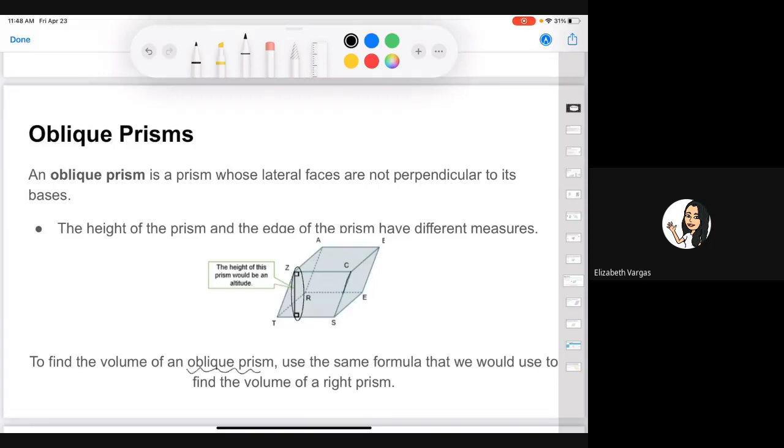It's not going to be the height of our lateral face or the length of the edge of our lateral face. It's going to be the height on the inside because our lateral faces are not perpendicular to the base. So the height of this prism would be an altitude.